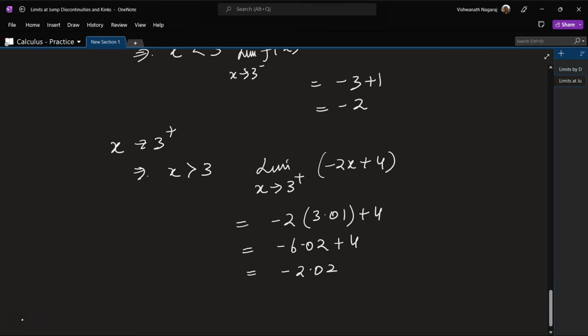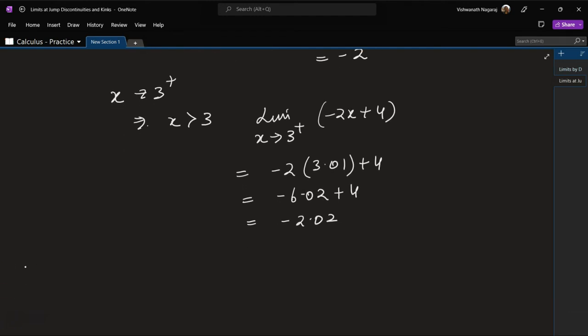So just look at this. If we had taken it much closer, we could have taken 3.001. Then this would have become minus 2.002, and so on. So it would have got closer and closer to minus 2. Which implies that left hand limit is equal to right hand limit.